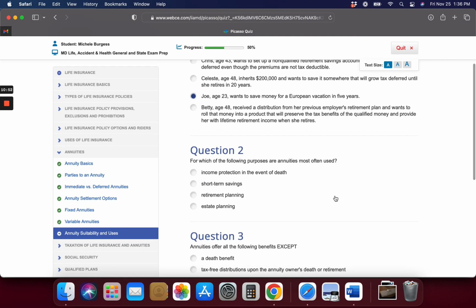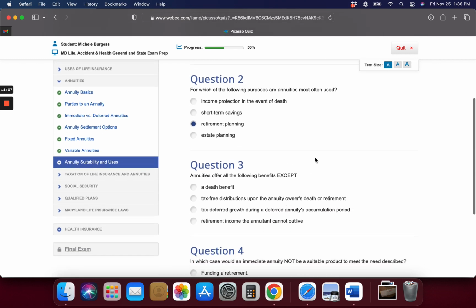For which of the following purposes are annuities most often used? I want to say retirement planning. I'm not sure this is right, but annuities offer all the following benefits except: retirement income the annuitant cannot outlive, or tax-free distributions.